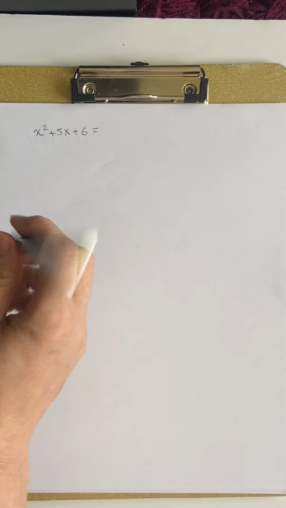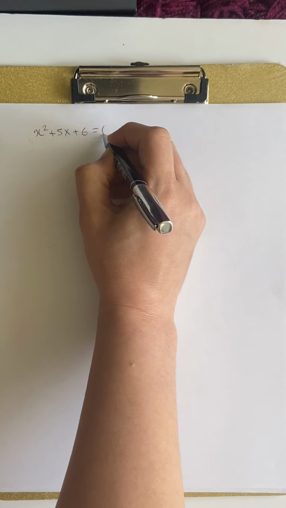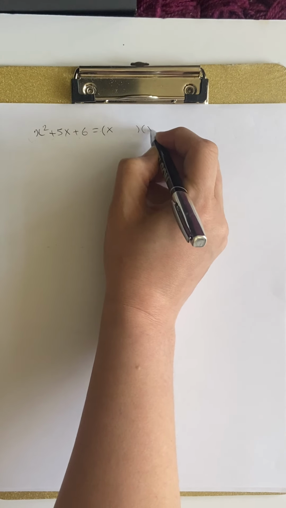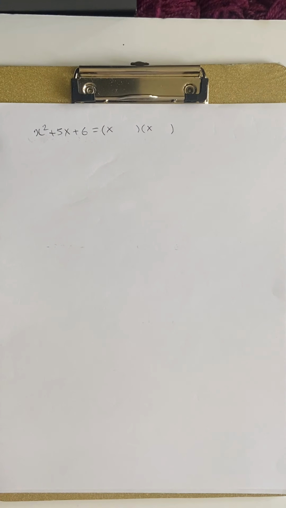So first we'll look to recognize if we have a basic general trinomial, which starts with an x squared. Then we say, okay, that gives us two brackets with x and x, and all I need to do is find the two numbers.